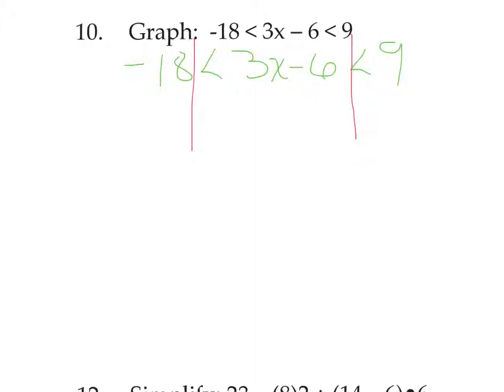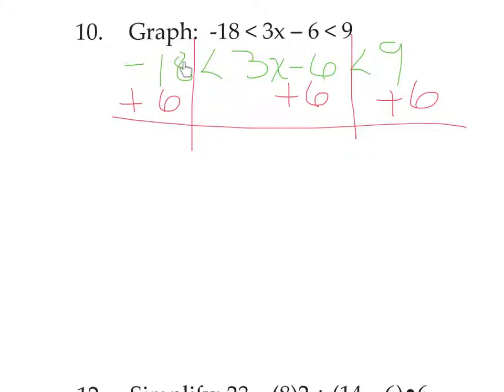So we're going to start by adding 6 to both sides, actually all three sides, just like that. And we end up with negative 18 plus 6 is negative 12. We have 3x here in the middle because those 6's cancel, and we have 15 over here on the right.